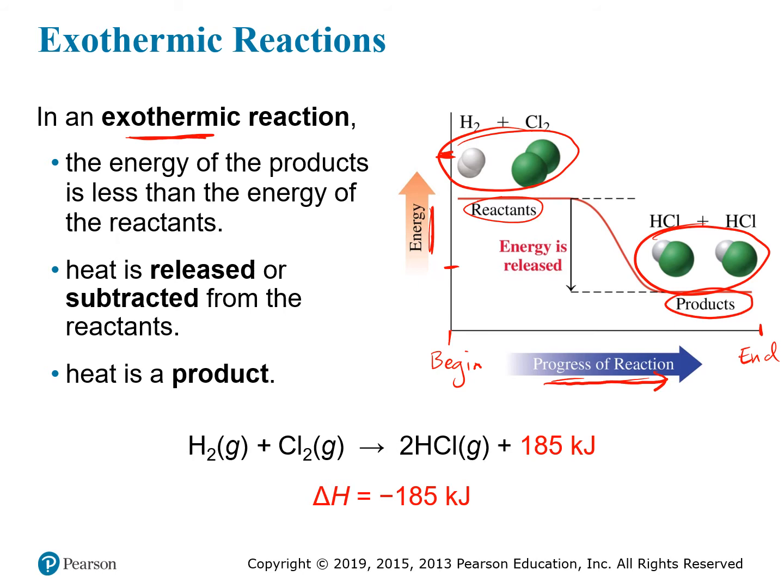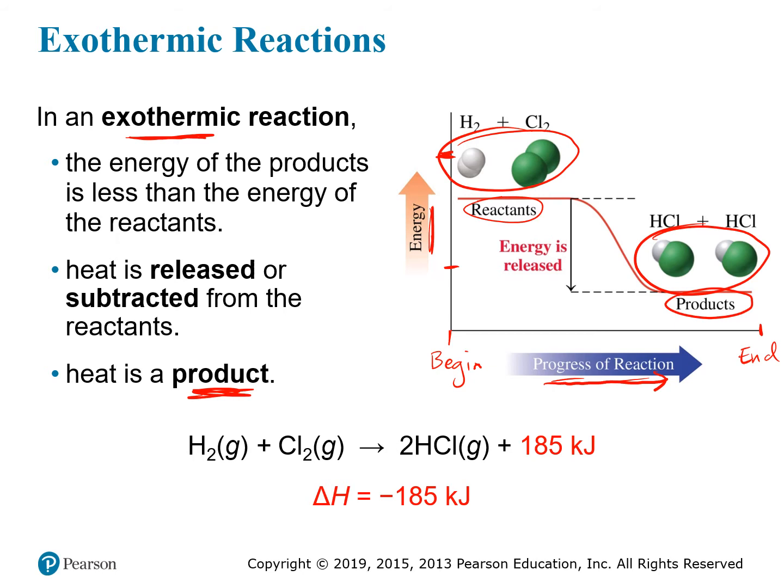It's been subtracted from the system of atoms and given off as heat to the environment. Okay? So that means that heat is really a product of this reaction. Heat comes out of this reaction and goes into the environment. Okay? So this is always true for an exothermic reaction. The heat or the energy of the products is less than the energy of the reactants.